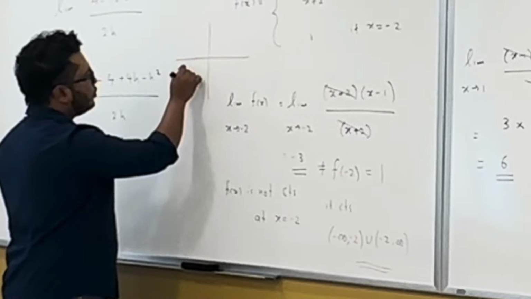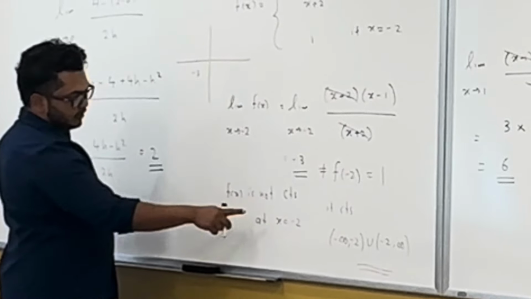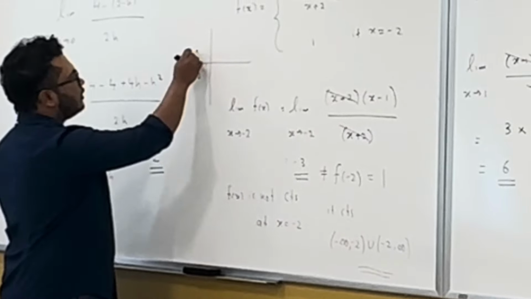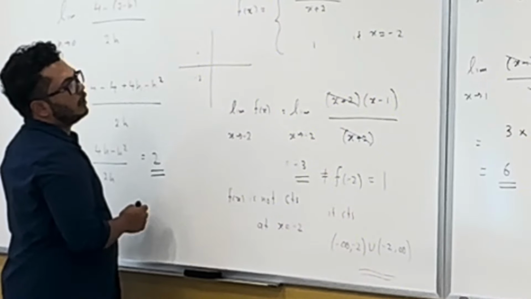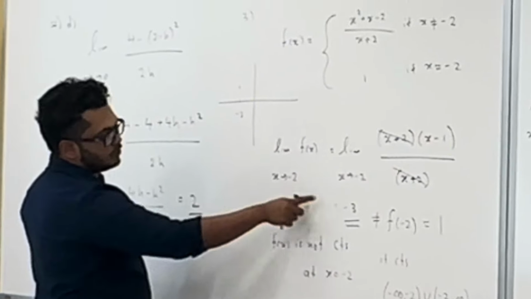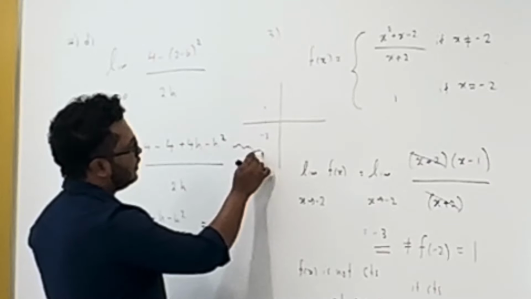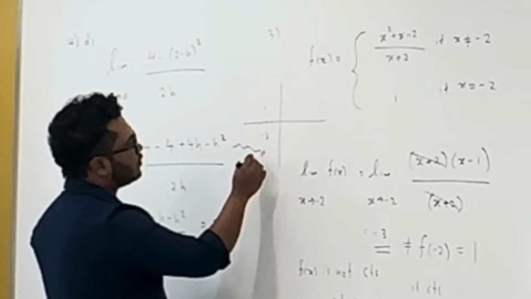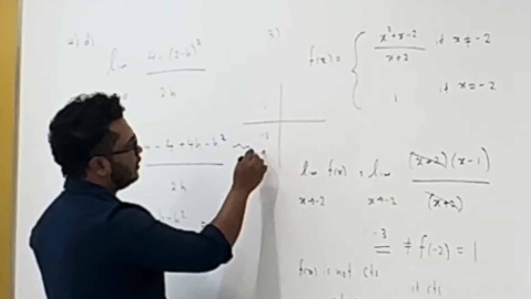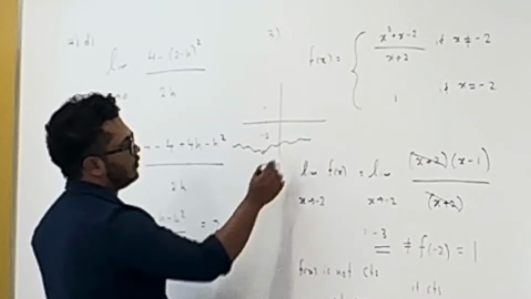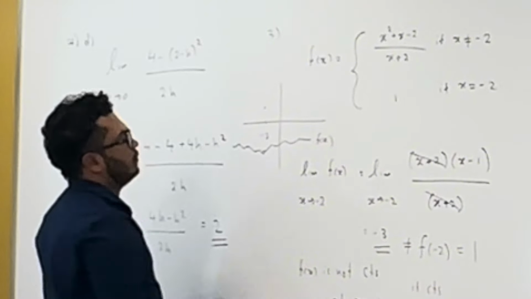At minus 2, the function value is 1, but it reaches negative 3. So the function is coming from here, and actually it's a hole, not a jump. It's going like this. This is your function f(x).